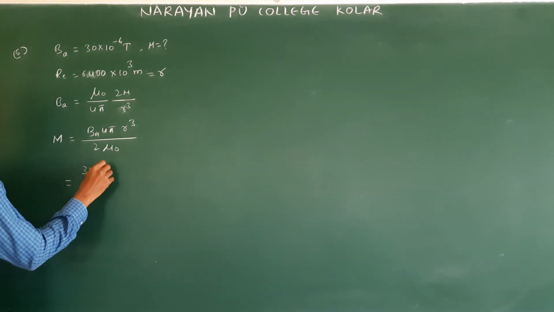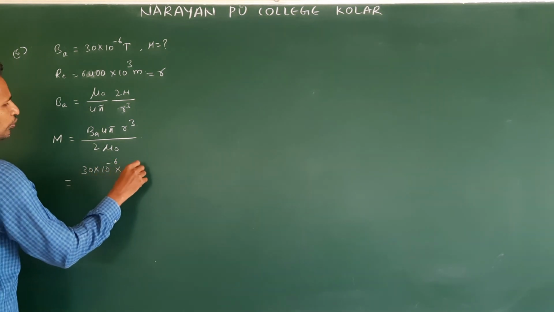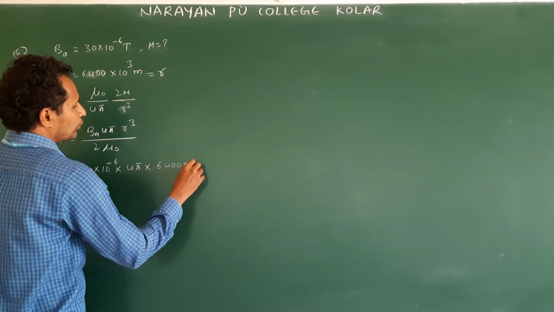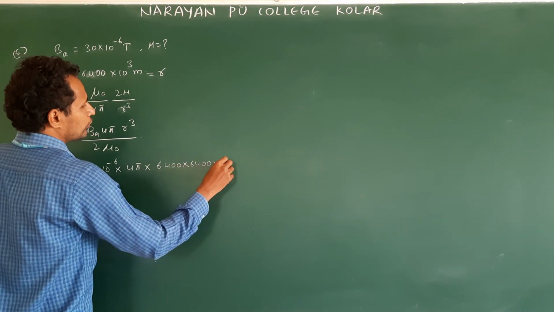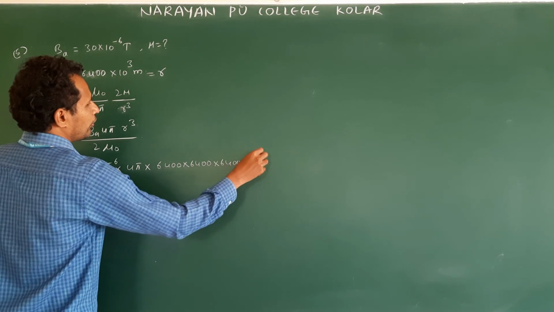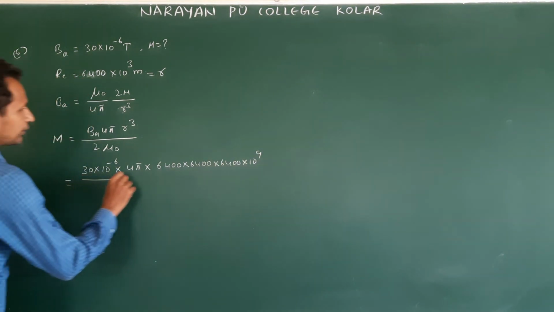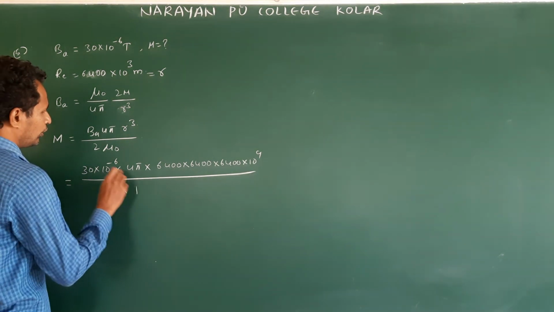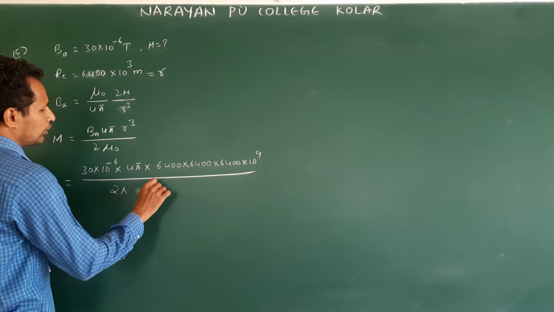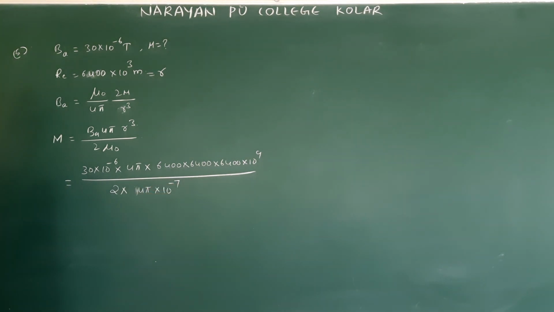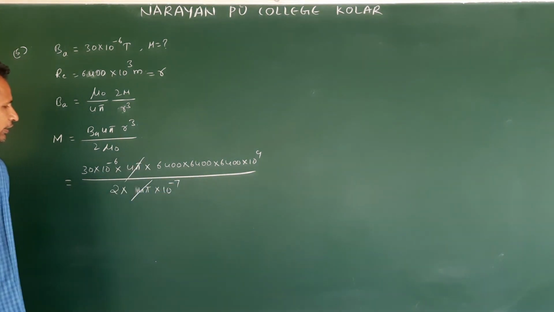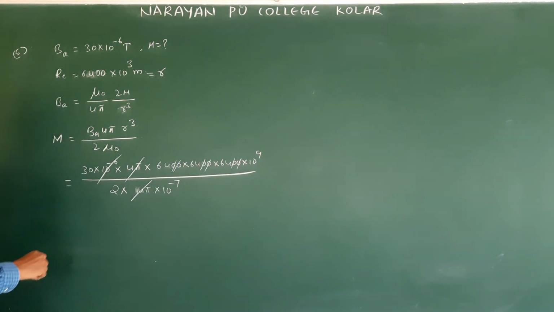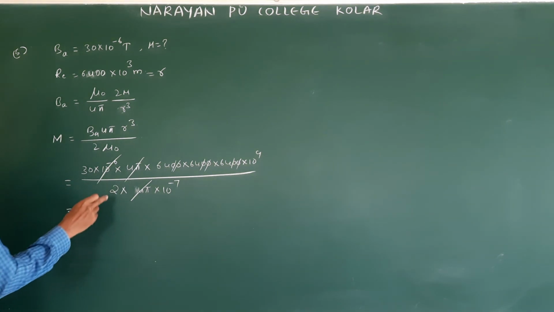Substitute the values. 30 into 10 power minus 6, 4 pi, 6400 into 6400 into 6400 into 10 power 9, by 2 into mu naught value, 4 pi into 10 power minus 7. 4 pi cancels.